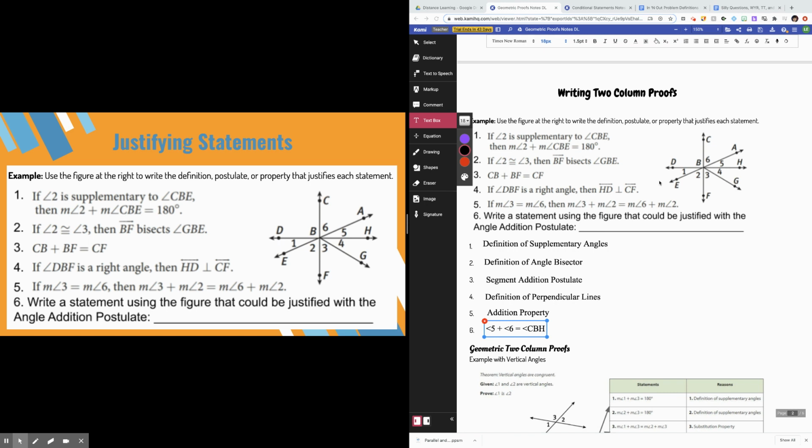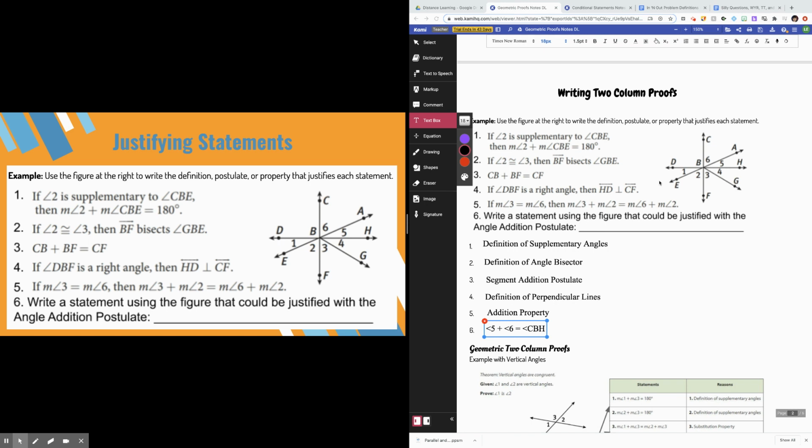Right, for number 5, if you look at the change that happened from the shorter equation in the if statement to the longer equation, the difference is that they added the measure of angle 2 to both sides of that equation. So that means that is the addition property, because we're adding the same number to both sides of an equation.